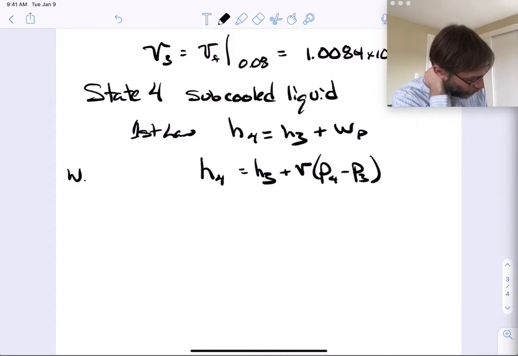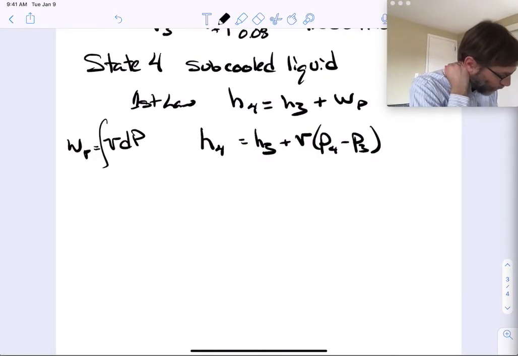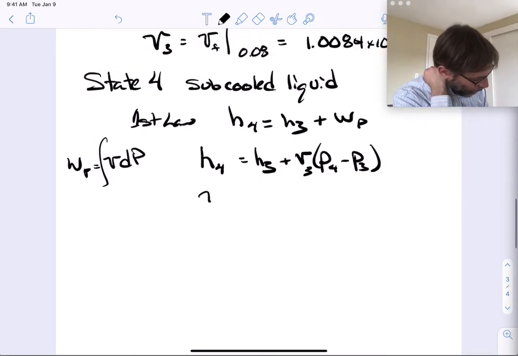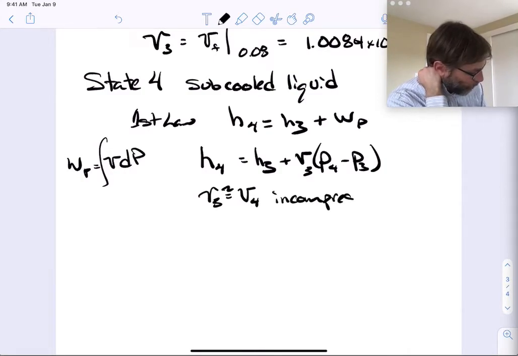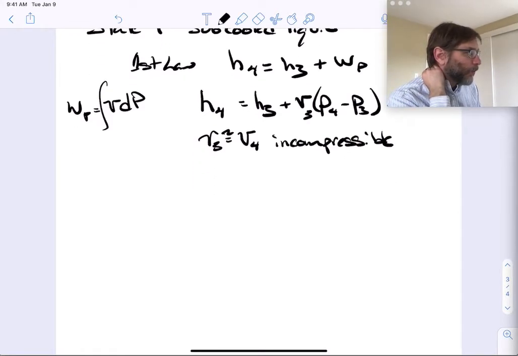And V is constant because it's incompressible, which makes this super easy. So we'll just call this V3, because V3 equals V4. Incompressible, we know that. And then, yeah, we're almost done.